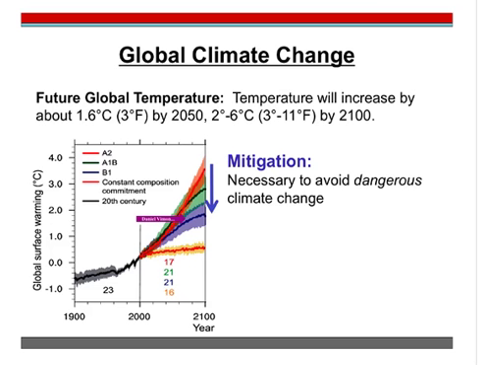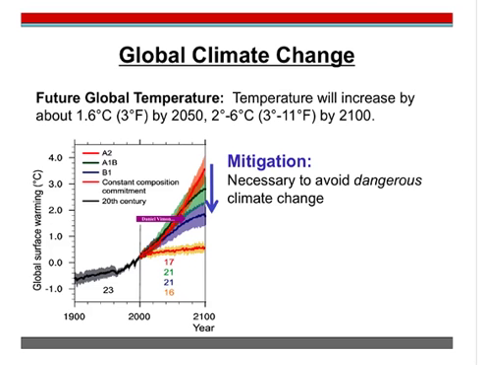Moving from the A2 to the B1 scenario requires some sort of global effort to change the way that fossil fuels are being used. And we refer to that as mitigation. Mitigation is necessary to avoid dangerous climate change.